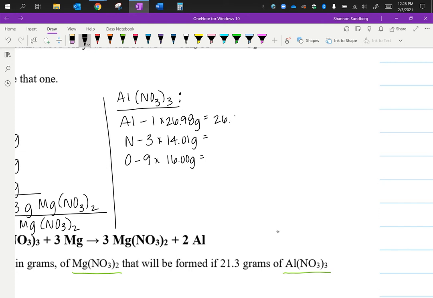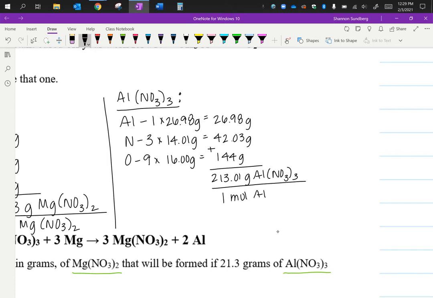So 26.98. This one is 42.03. And then 9 times 16 is 144 grams. Add it up and you will get 213.01 grams Al(NO3)3, and that is equal to 1 mole Al(NO3)3.